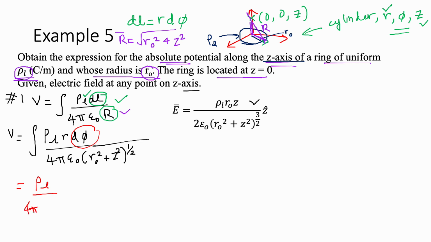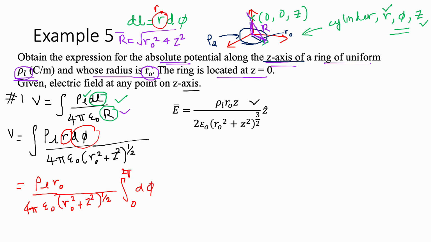Your r here will be the radius of the ring, so it's going to be r naught, over 4π epsilon naught, r naught squared plus z squared to the half. Okay, integration of dφ, so the limit is going to be from 0 to 2π.